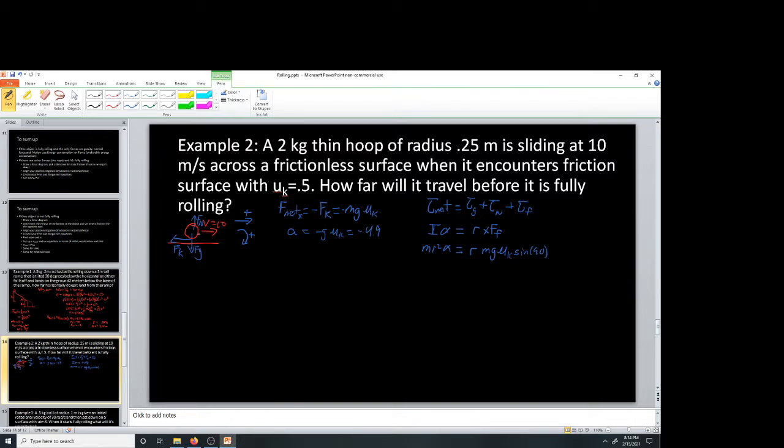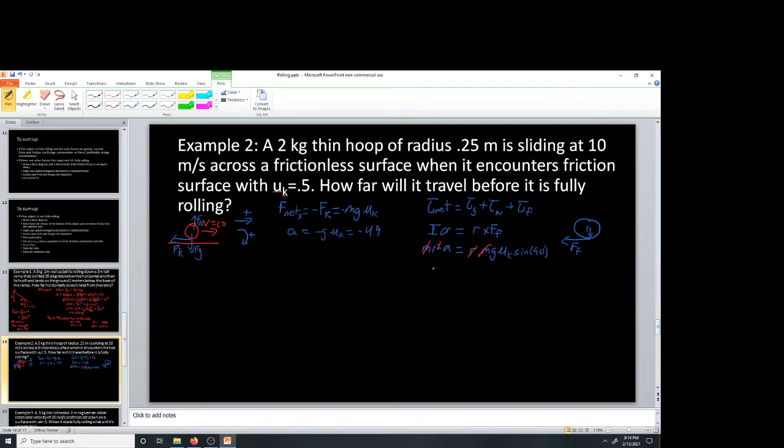The r vector is straight down, and the force of friction is this way. So we can cancel out a bunch of stuff here: the mass, one r, one r. And we can go ahead and solve that.